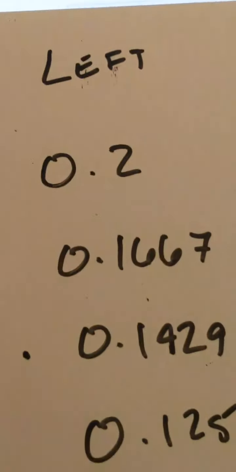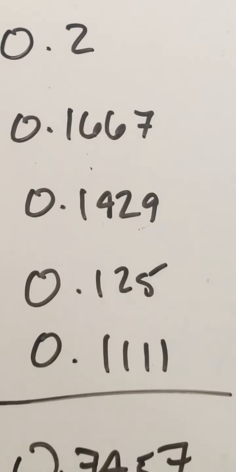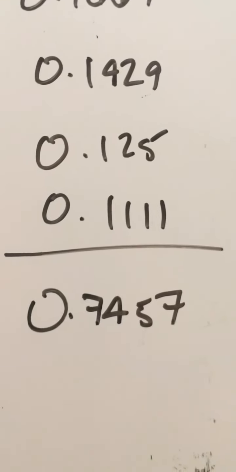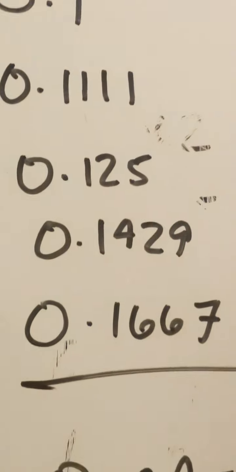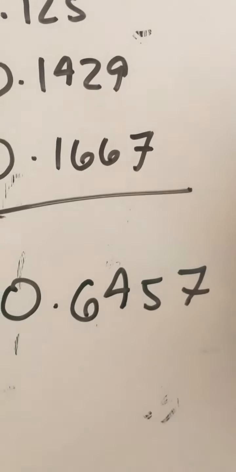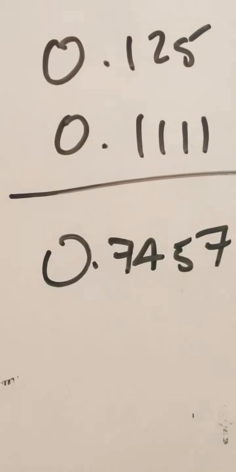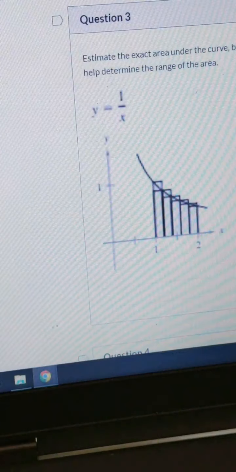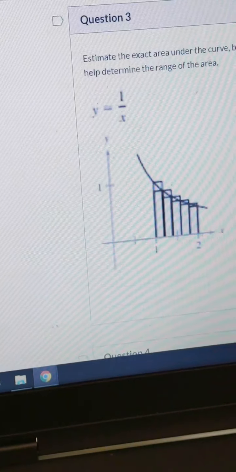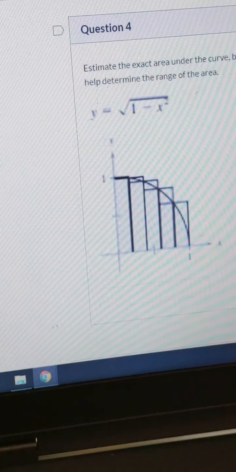So our left edge list, these are all the areas of those 5 rectangles. We get a 0.7457. The right edge, if I add those up, I get a 0.6457. So we're going to pick a number in between those two. So maybe something like 0.7 would work just fine. All we're doing is estimating here, so you have ranges.